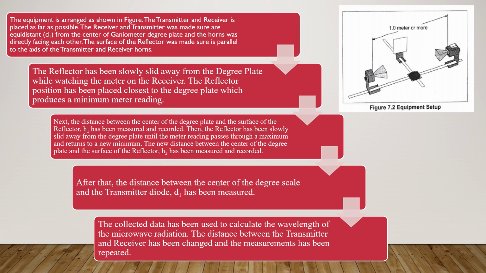Then we follow the previous step again, and we can find the new distance, h2. After that, the distance between the center of the degree scale and the transmitter diode is also measured. All the data, which are h1, h2, and d1, are used to calculate the wavelength of the microwave radiation.